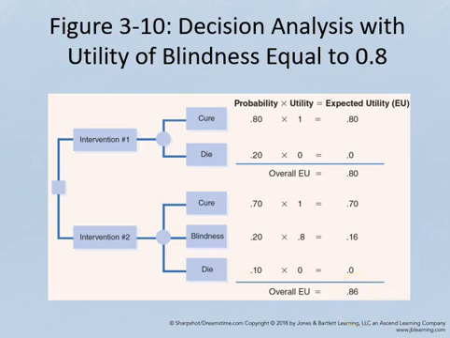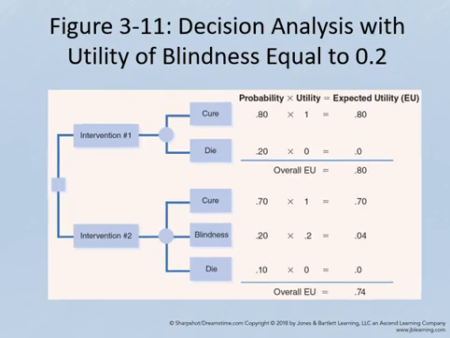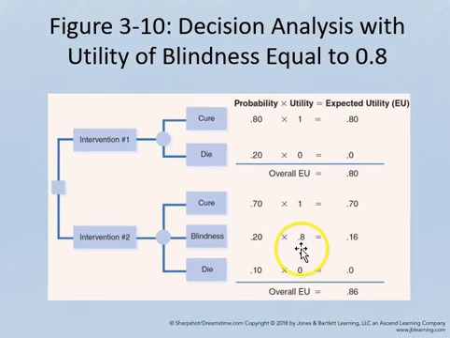However, if a person's utility for being blind goes down, in other words, a person says, I don't want to be blind, I don't want to say rather die, but I have a lower value of living with blindness, you can see that the utility overall for this intervention goes down and is lower, whereas it's 0.86 with a utility of 8. This person says, that's fine, I'd rather be cured and be blind than not be cured. This intervention has a higher utility.